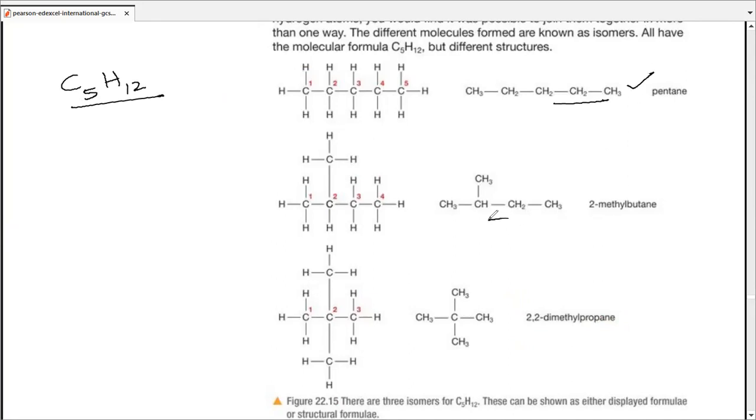Try drawing the second isomer with just one branch, and try drawing the third one with 2 branches. It's pretty easy. Always draw the carbon skeleton based on the number of carbon atoms first, and then you can go ahead and give it hydrogen atoms to show the entire displayed formula.